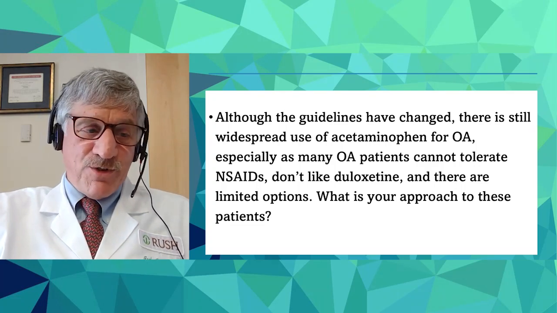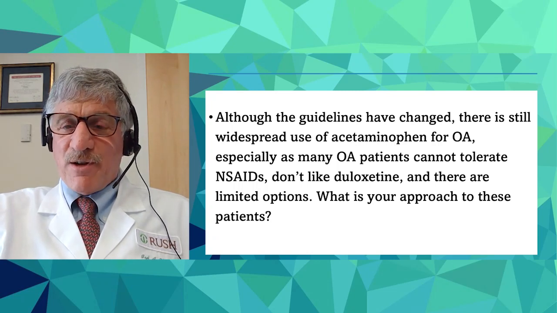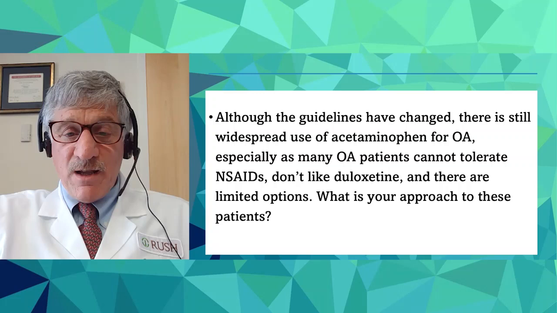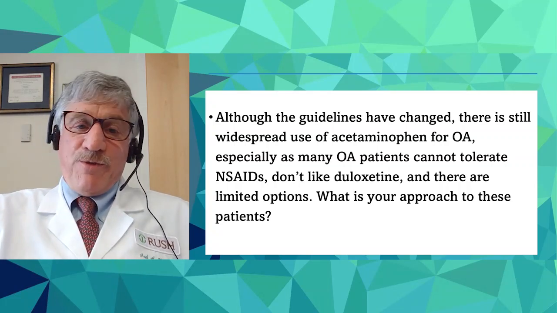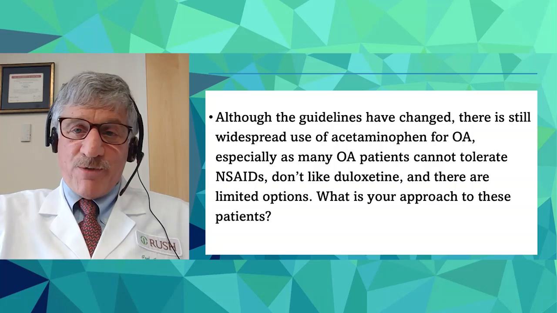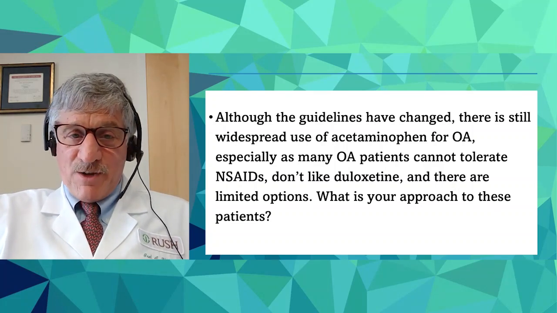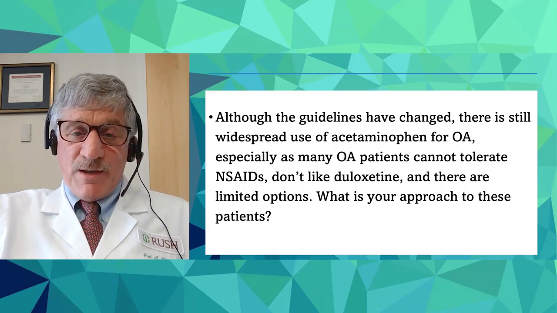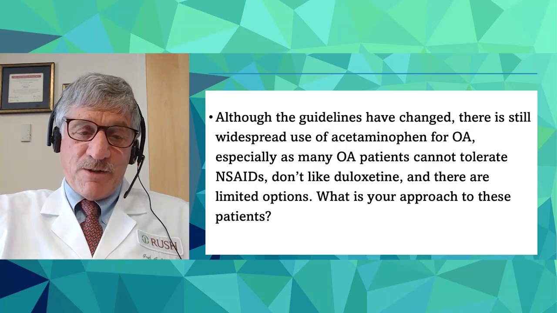However, one of the reasons I mentioned the various other neuroactive agents that are not approved for use in OA by the US FDA is that I and most other OA doctors will, if duloxetine doesn't do it or if they're getting side effects, move to other neuroactive agents. And widely used agents such as gabapentin and pregabalin, the tricyclics in people who can tolerate them.